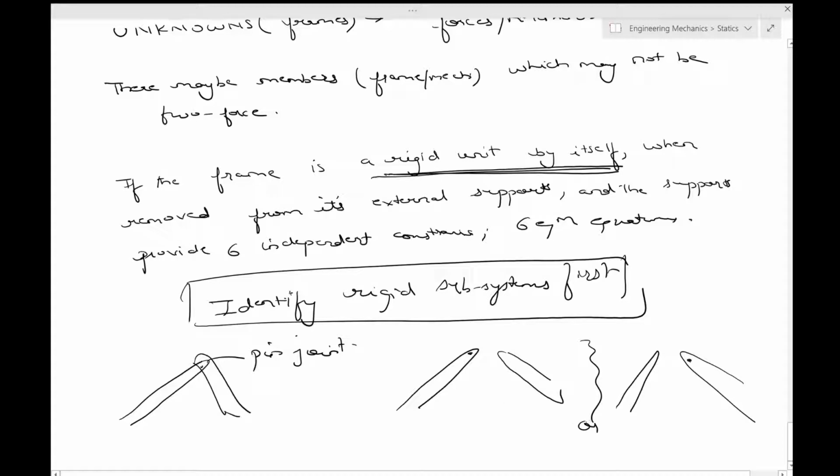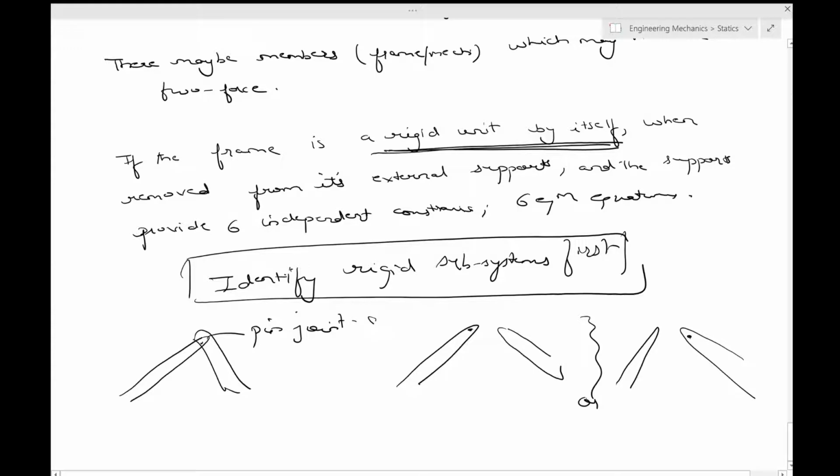So the pin is there, and once you show the FBDs, the question is in which member should I show the pin, okay. Now the answer is that it does not matter where you assume your pin to be, at least in this situation, so you can just solve it either way, and it will not give a problem.